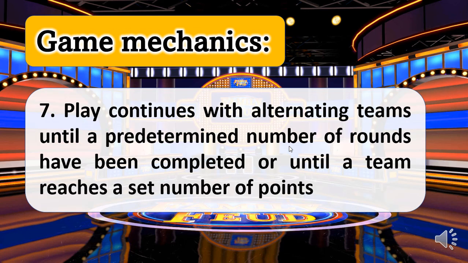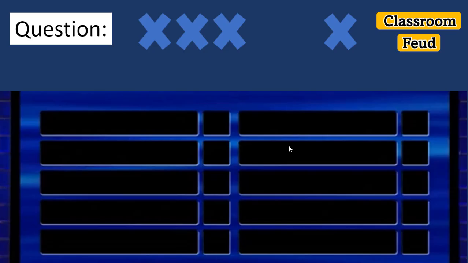Otherwise, the points go to the original active team. Play continues with alternating teams until a predetermined number of rounds have been completed or until a team reaches a set number of points. Okay, that's the game mechanics for our game.